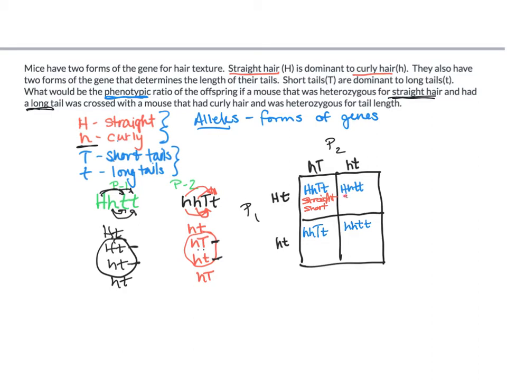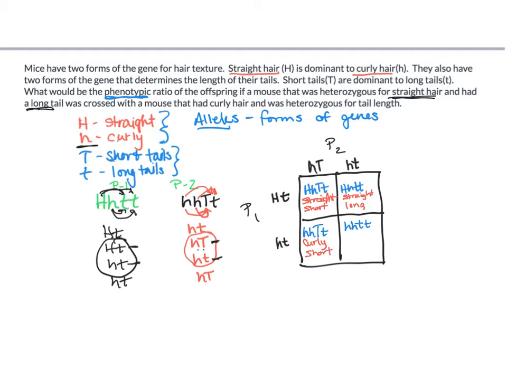So here we have straight, and because this one is small t, that's going to be long, right? Here we have little h, and so that's going to be curly hair, right? And big T, little t means it's going to be a short tail because short is dominant.